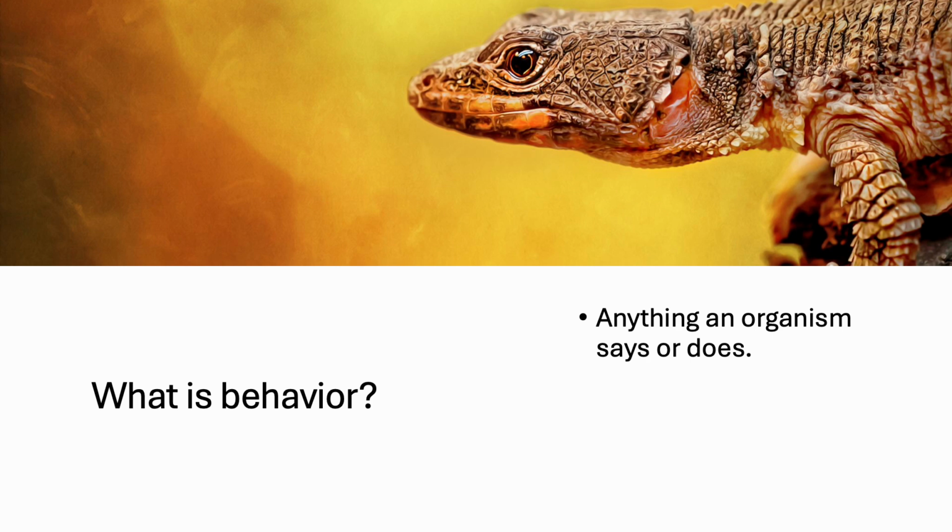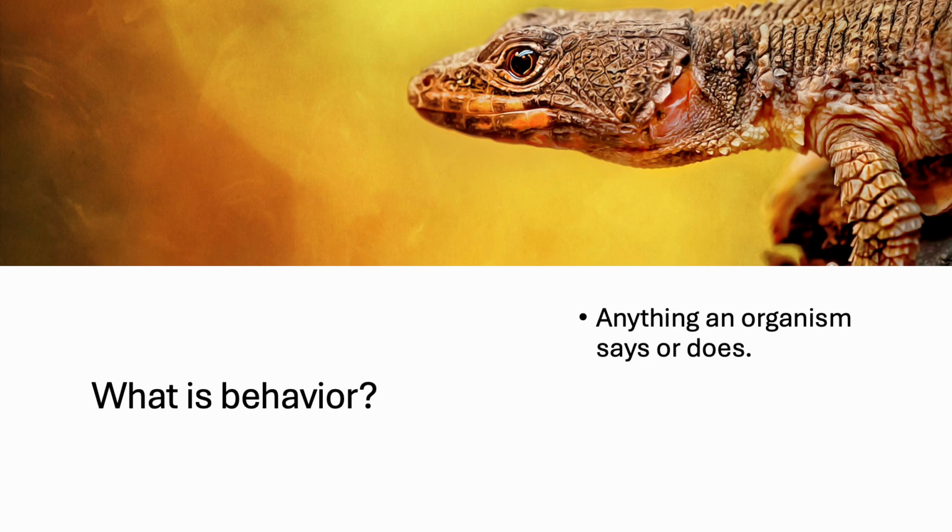Okay, so before we get started with our discussion on defining target behavior, I want to do a refresher of what behavior is. If you recall from your introductory course in the experimental analysis of behavior, you should have learned about what behavior is. Behavior is anything that an organism says or does.